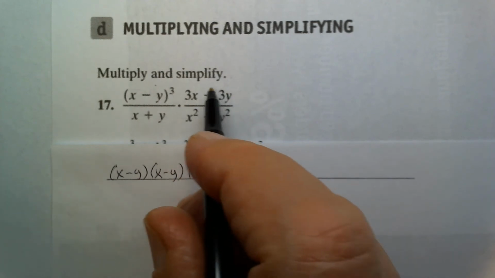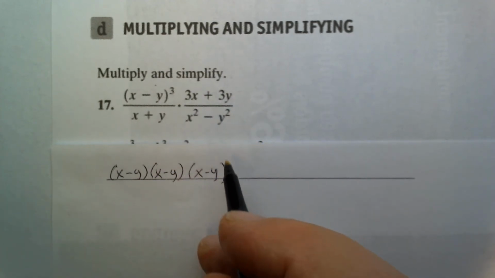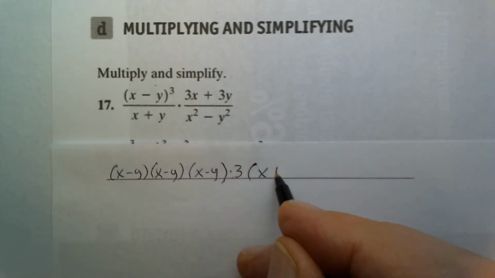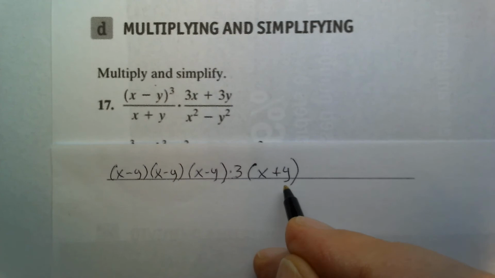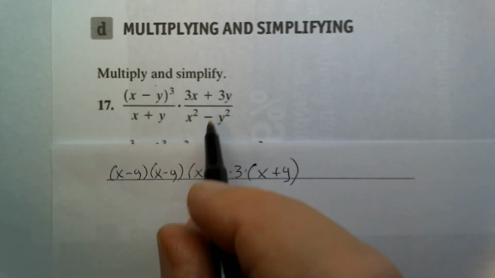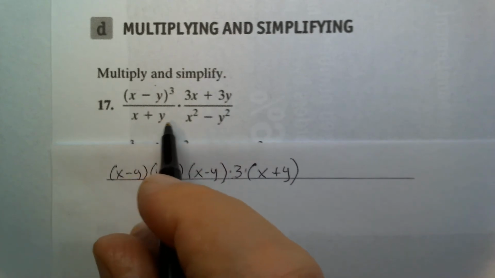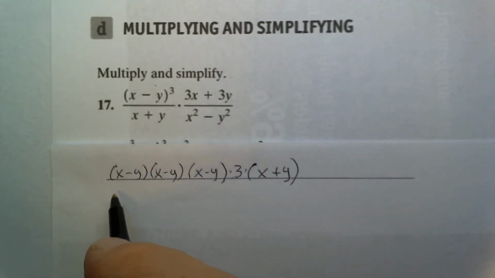And from the second expression here, we can factor out a 3 times x plus y. So 3 times x plus y means we factor the 3 here, greatest common factor. Then in the denominator, we have an x plus y.